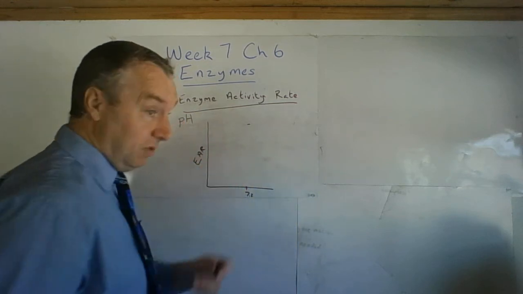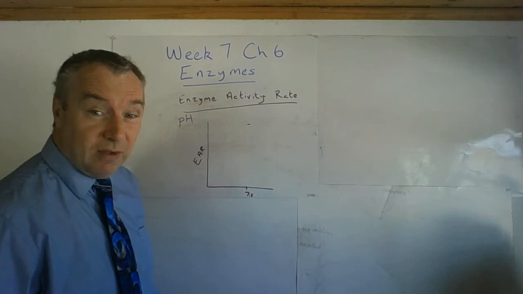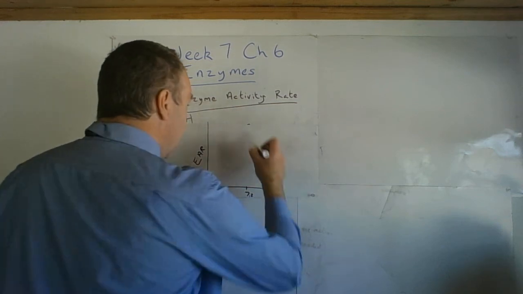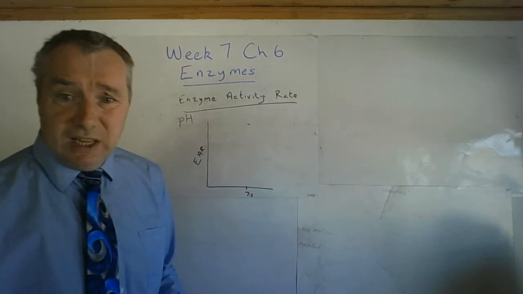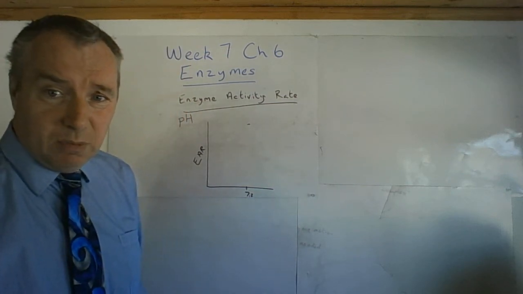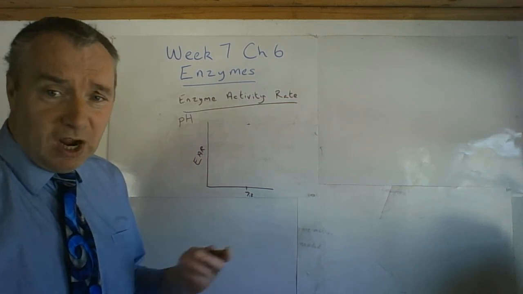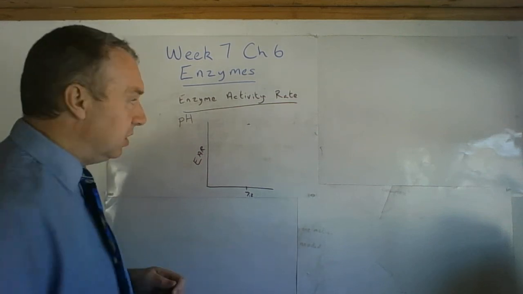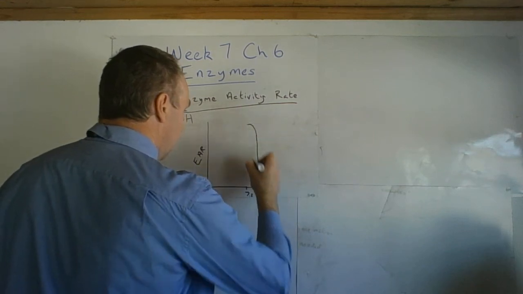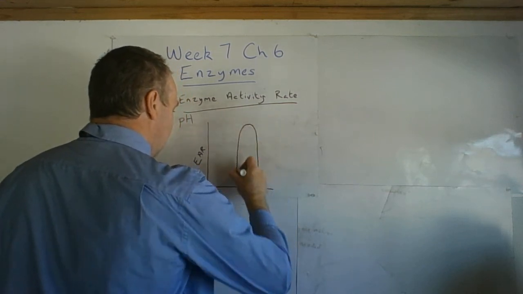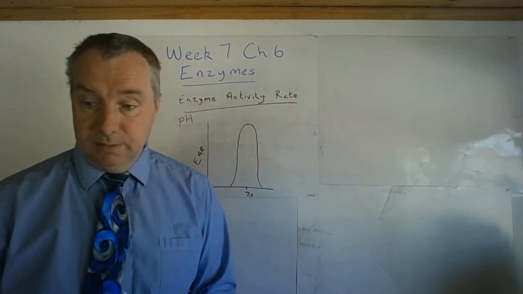So we're going to see the highest rate of activity, and around that number we're going to see drop-offs. These drop-offs are not the same as temperature, because it really doesn't like to be much less than 7.2 to 7.4, or much higher than that. So really you're going to see a graph like this, unimodal, and you won't see much activity outside of this optimal zone.